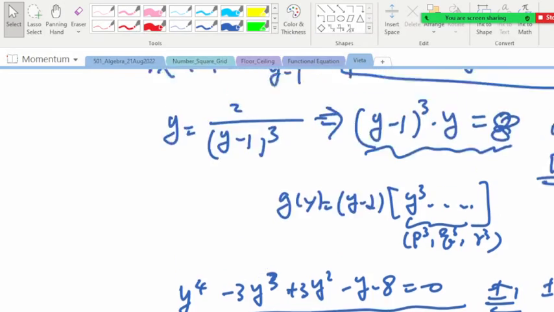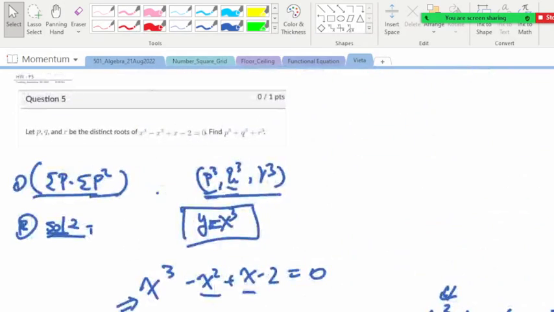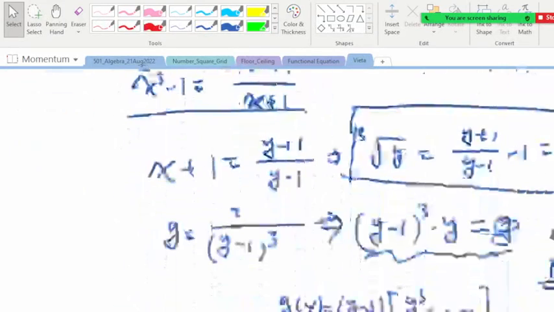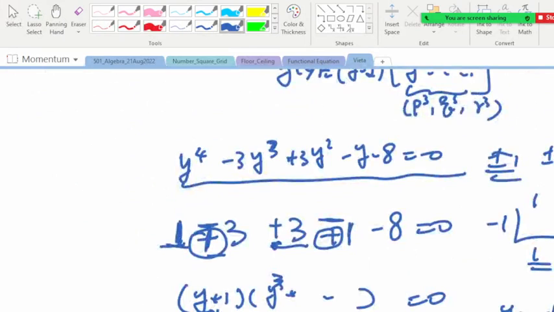Let's check. Is negative 1 a root of this? Negative 1 minus 1 minus 1 minus 2. Definitely not. If it's not, it means the p, q, r are here, right? Yeah, so we're done.